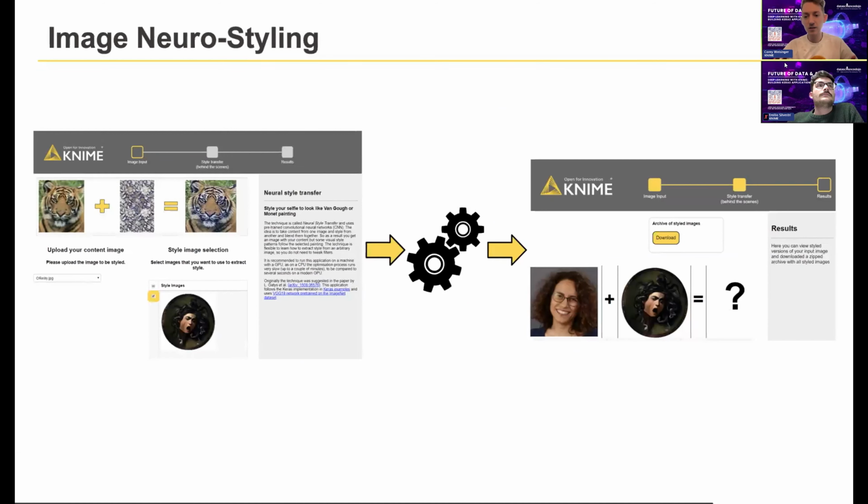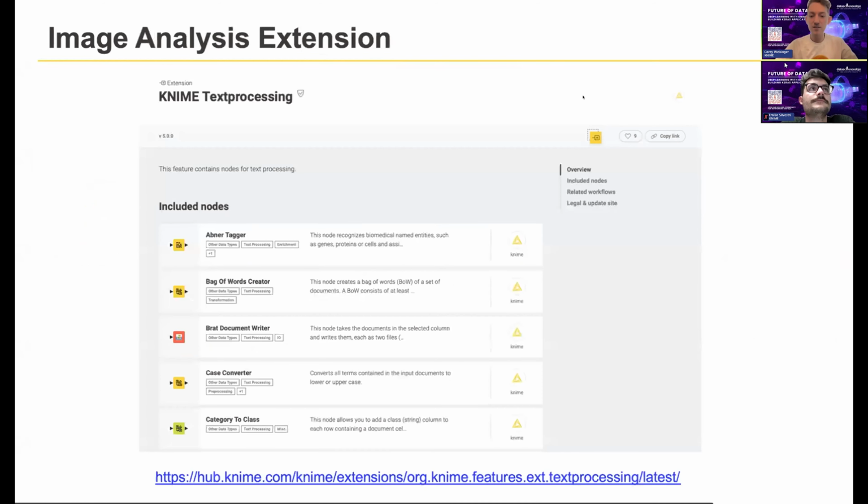So we've built a data app, again, totally in the open source KNIME Analytics Platform, where we take an image that represents a photo that we want to style, and we select from a selection of possible styles here. For example, here's my boss, Rosaria Salippo, being transformed into the Medusa painting. We'll show you what the result looks like in a second, but that's the idea here, that we can do that combination.